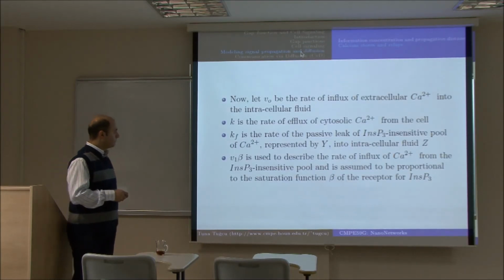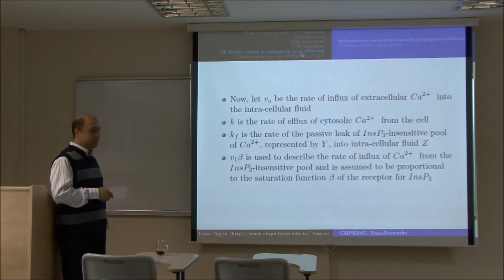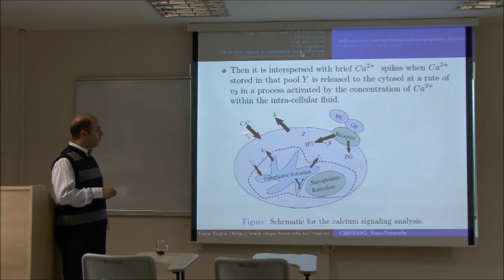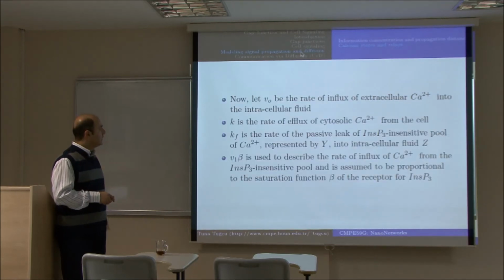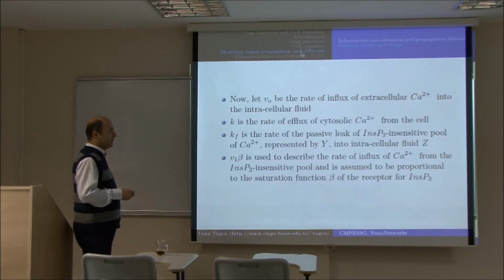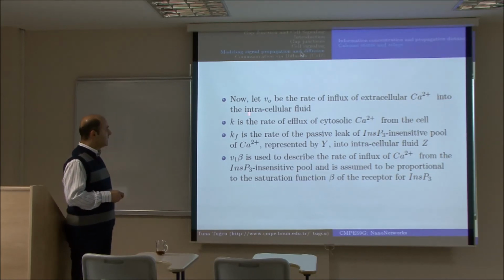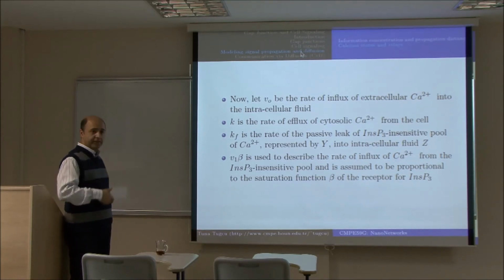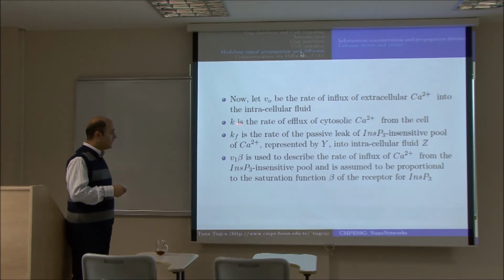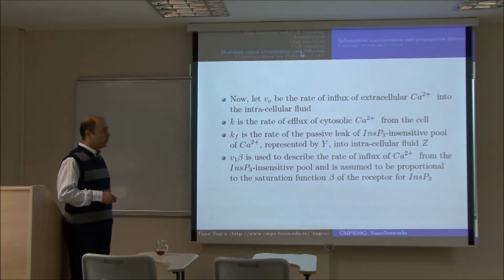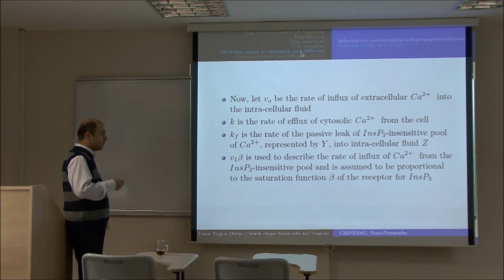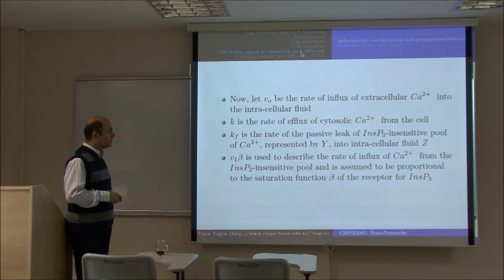So let V0, which was flowing from outside the cell into the cell, be the rate of influx into the cell. K, as we said, is the efflux out of the cell into the extracellular environment. Kf is the rate of passive leak of calcium ions from the IP3 sensitive pools.